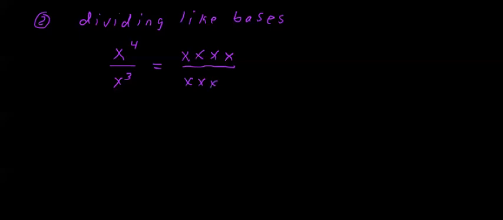If we cancel common factors, we're left with x to the first power. x to the a divided by x to the b equals, well, how did we get x to the first power? 4 minus 3. x to the a minus b.